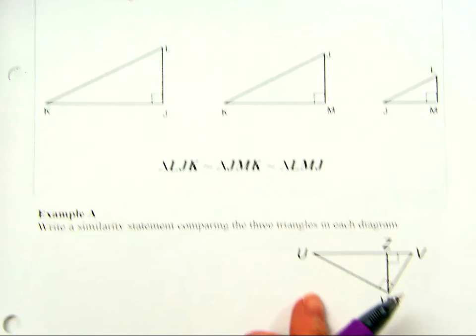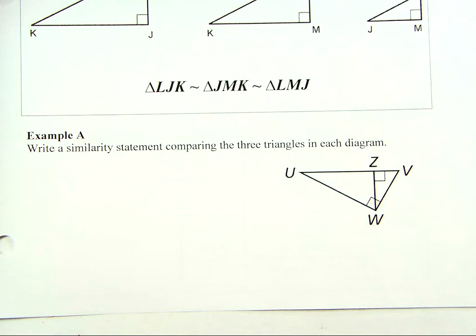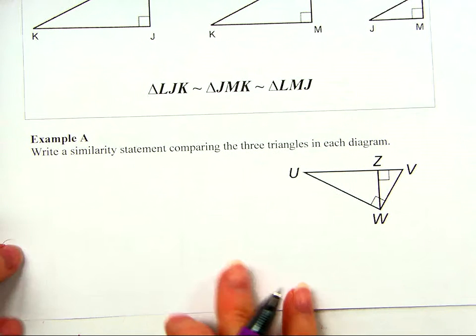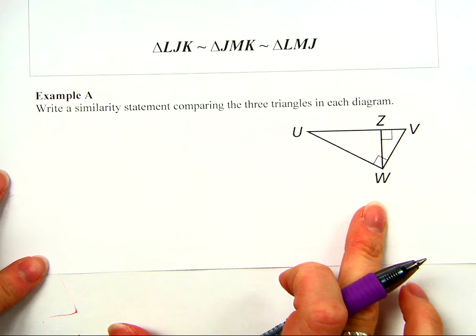If you take a look down below at example A, I'm asking you to write a similarity statement comparing the three triangles in the diagram. Again, you may be able to do this without sketching the triangles separately, but I do think it makes it a little bit easier. I'm going to take my large triangle, VWU.